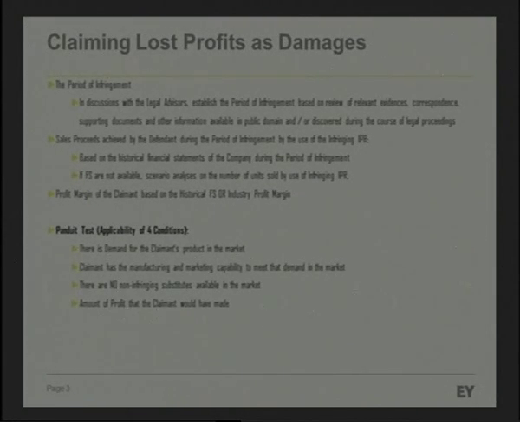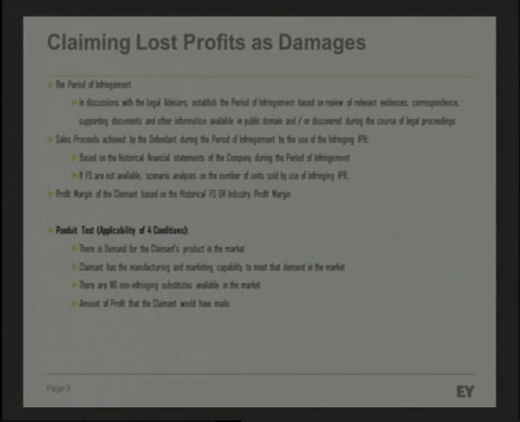First, that there is demand for the claimant's product in the market. Second, the claimant has the manufacturing and marketing capacity to cater to that demand. It is not just sufficient that there is demand for the product, but if the claimant company does not have enough capacity to meet that demand, then you cannot claim this head of damage. Third, there are no non-infringing substitutes available in the market.